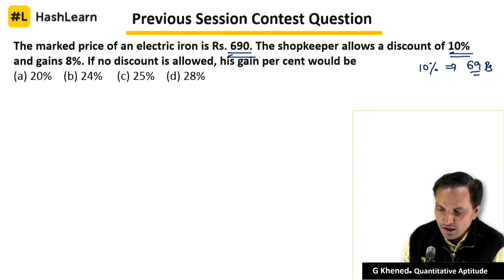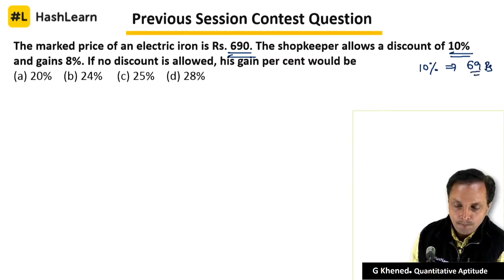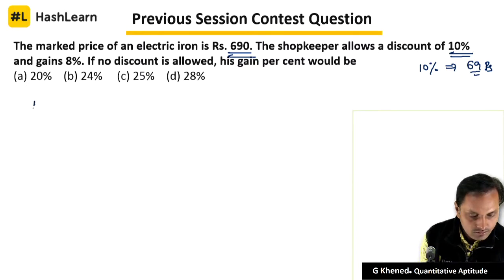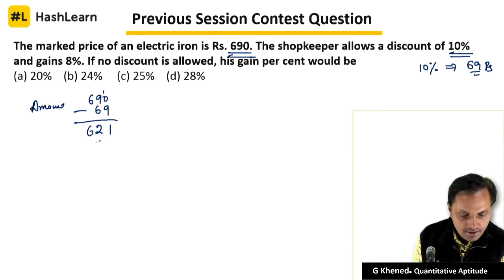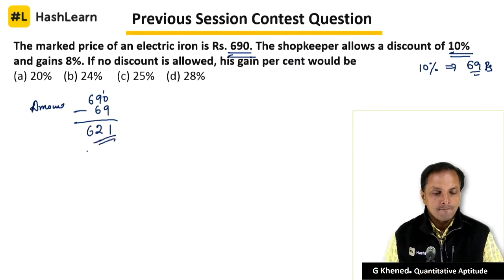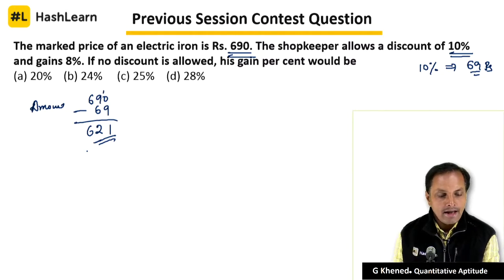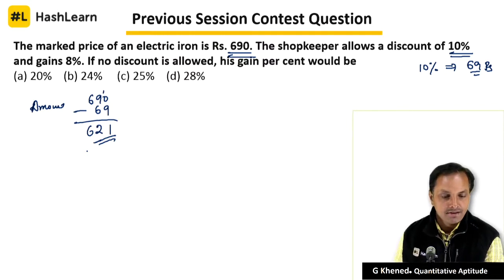So 69, how much will that amount be? 690 minus 69. When you do this, 2 is carried forward. So 621 and gains 8%. So he is gaining 8%.